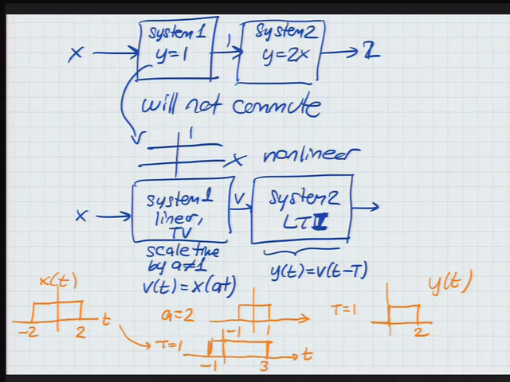And then the second system, because we swapped the order, that's going to scale time by 2. And what do I get at the end? So now it starts not at -1, but -1/2, right? And then ends at 3/2.